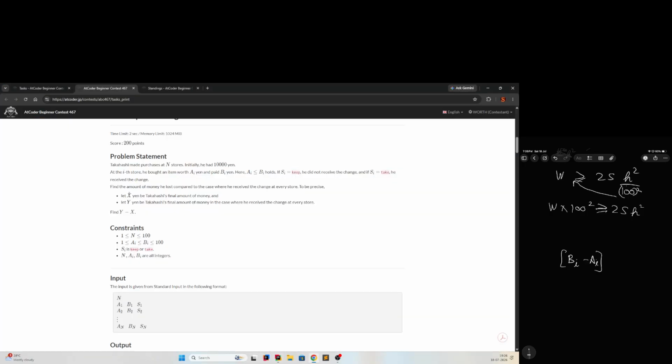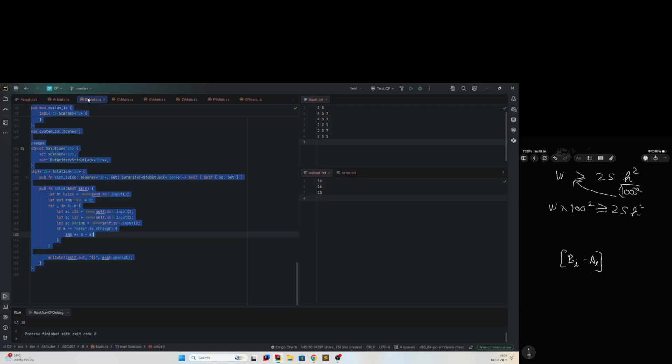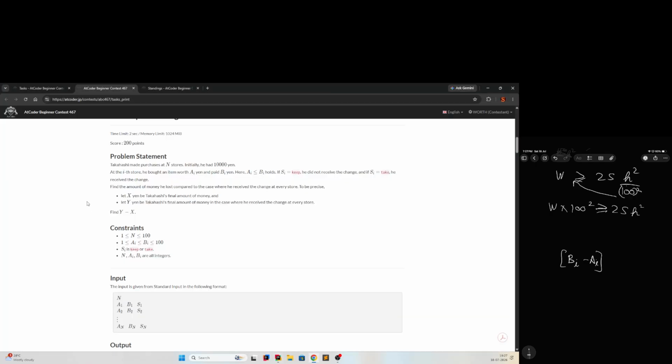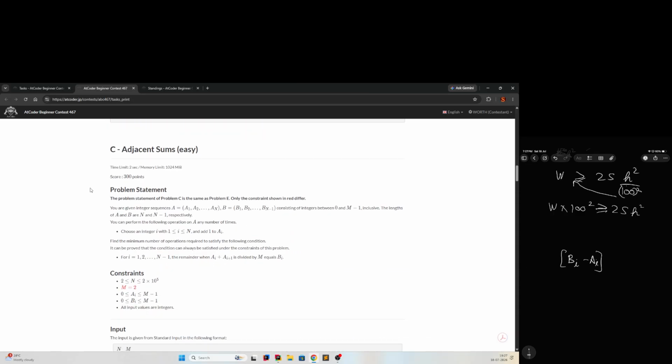We need not maintain X and Y separately. This is more than enough. So we maintain an answer which initializes with 0. Then AI, BI, and S take an input. If S is equal to keep, then we increase answer with B minus A and then print the answer. So yeah, that's problem B.